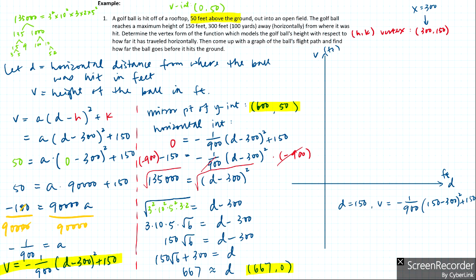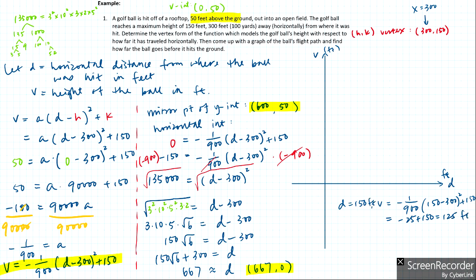And I'm just going to use a calculator to simplify this all the way and get the result, which will give me negative 25 plus 150, so it works out nicely to be 125 feet being the height.